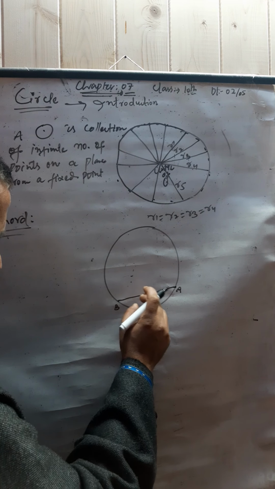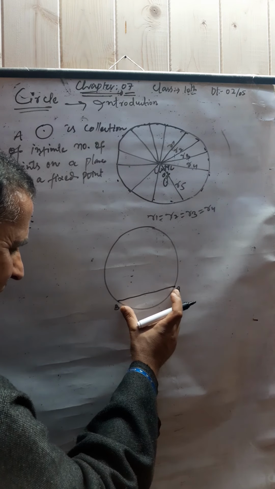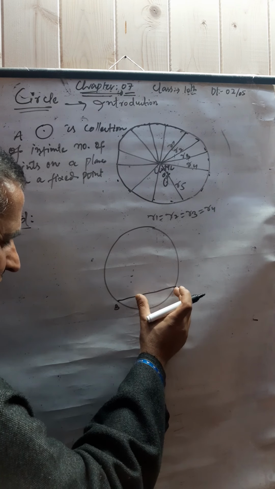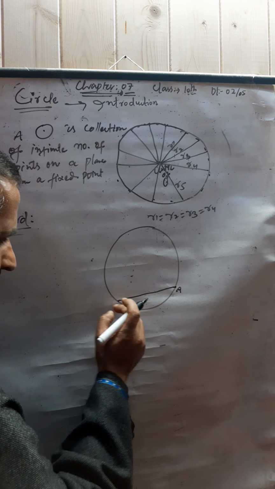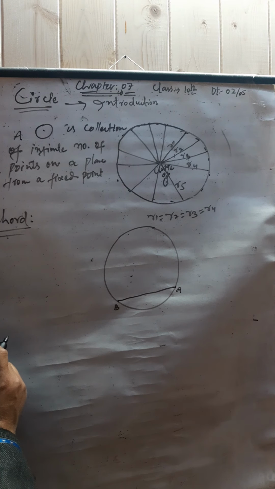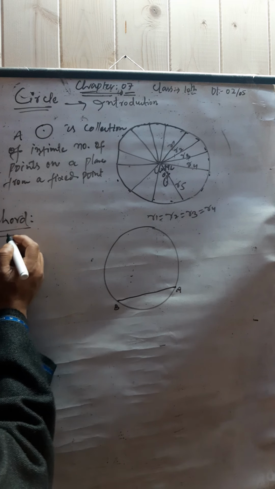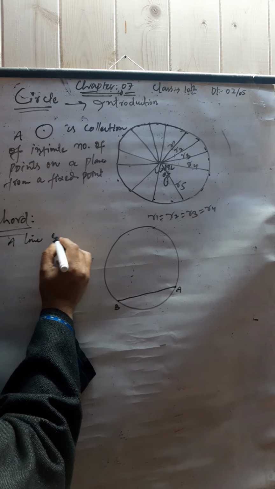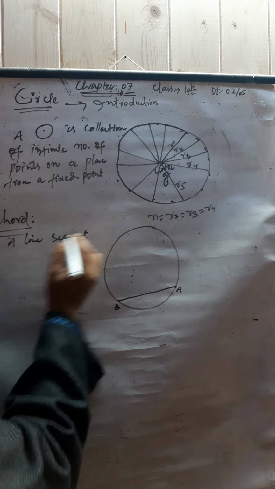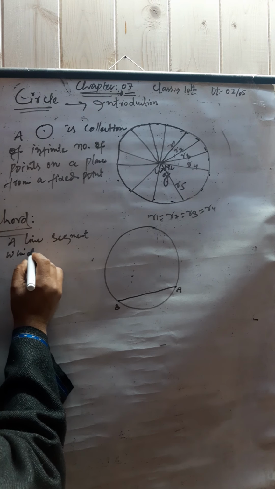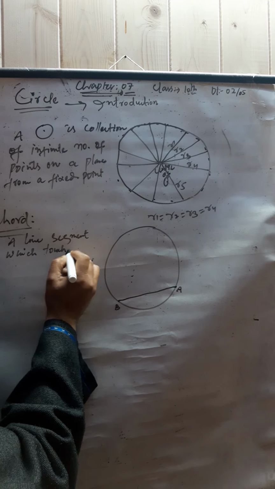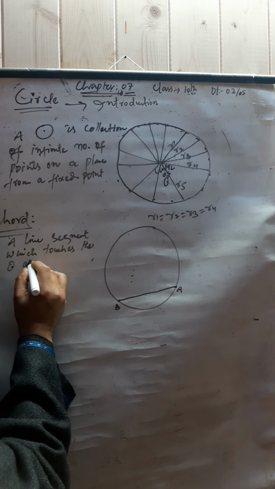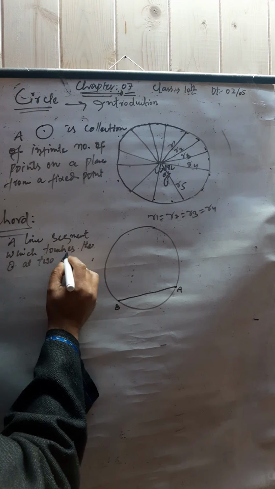So it means a line segment which touches two distinct points on a circle. A line segment which touches the two distinct points, point A and point B, of a circle is known as the chord of a circle. So simply we will define it as a line segment which touches the circle at two distinct points.